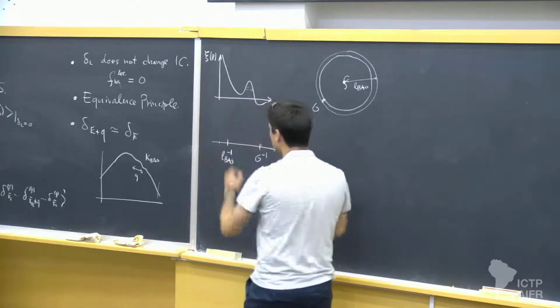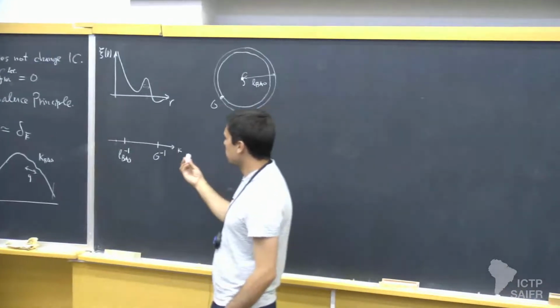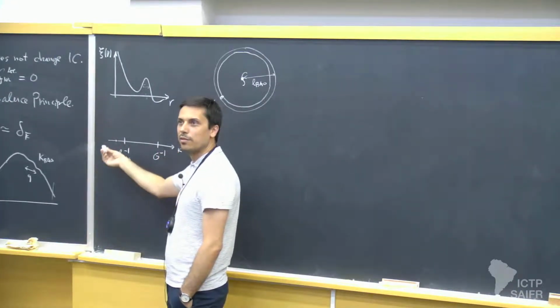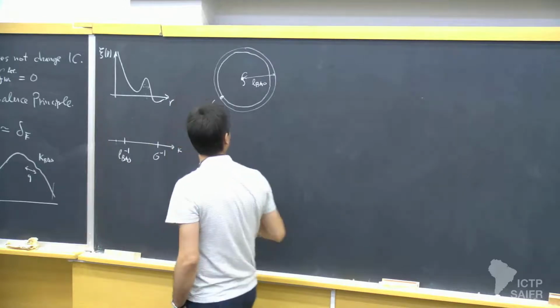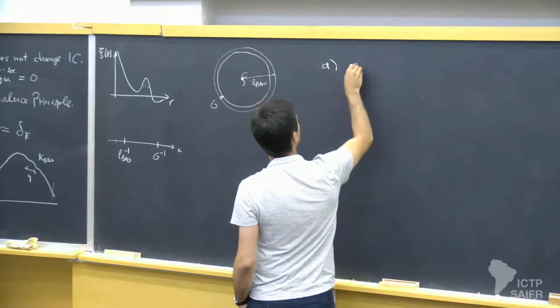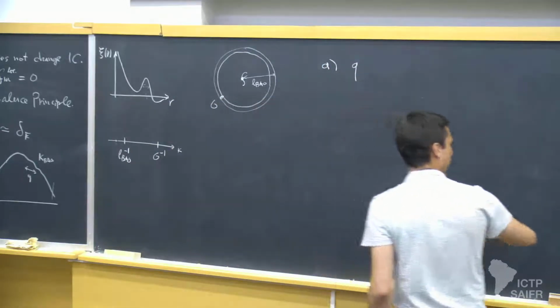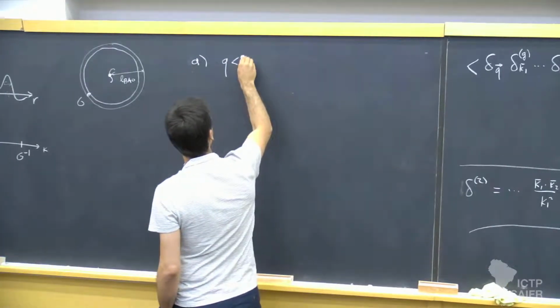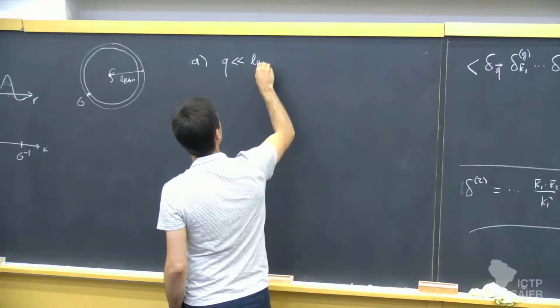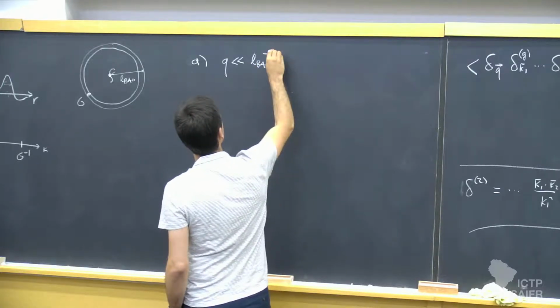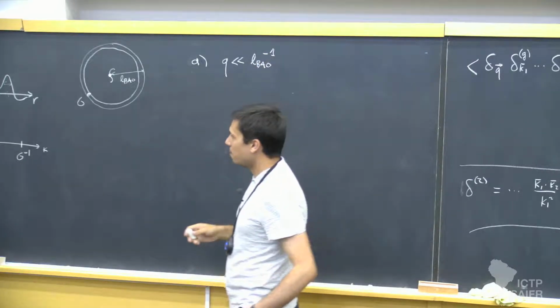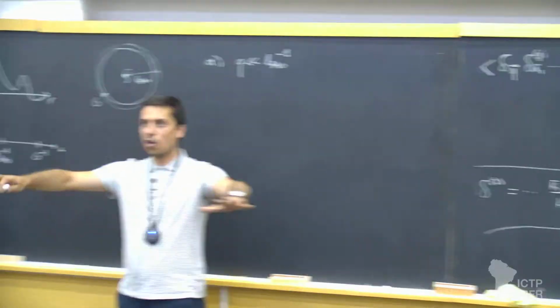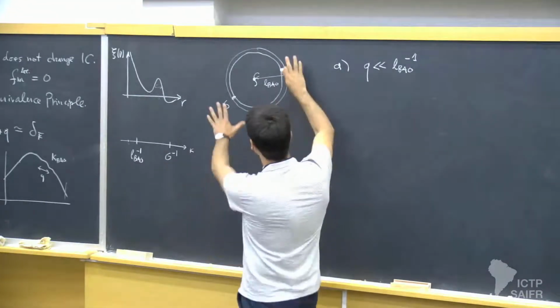They're well separated, and we can choose these long wavelength modes to be anywhere in between. So first option, let us choose q, the typical wavelength of these long wavelength fluctuations, to be much smaller than L_BAO to the -1. Okay? So I'm considering a very long wavelength mode whose wavelength is much bigger than this ring.